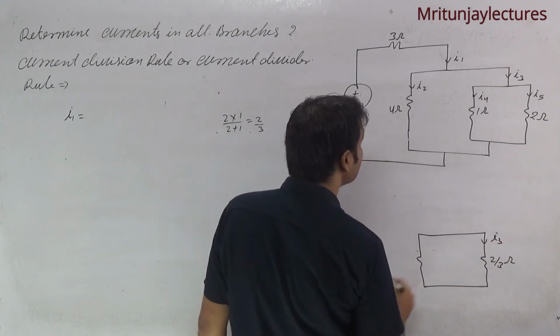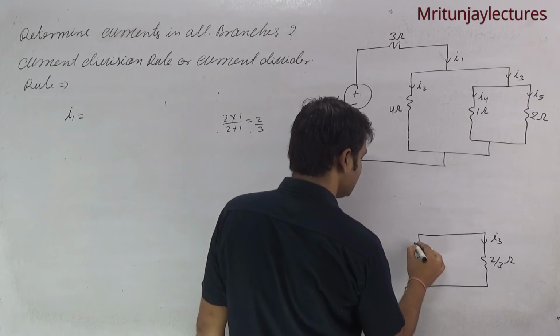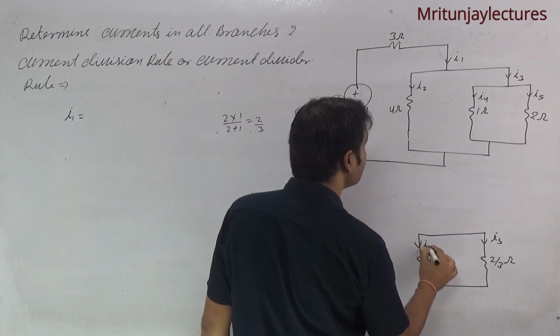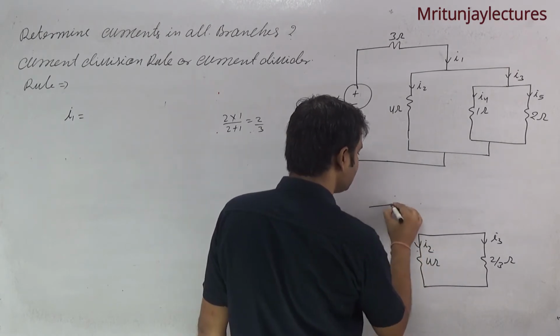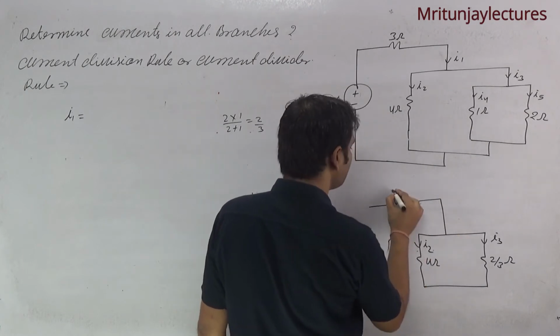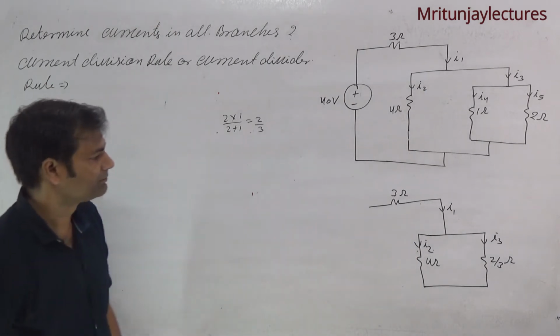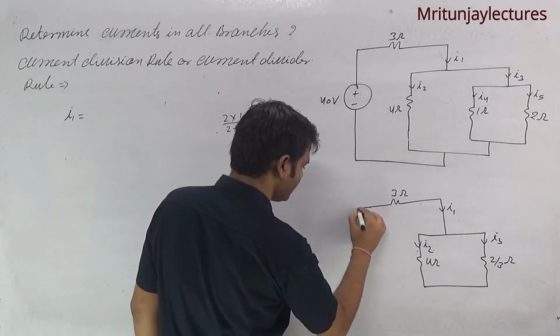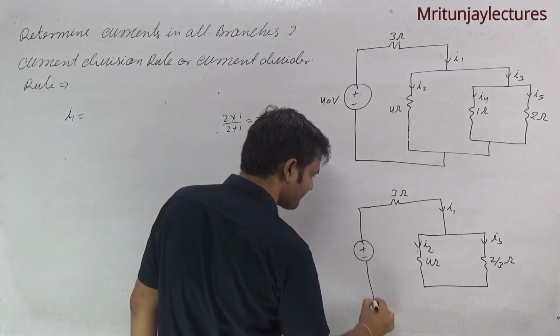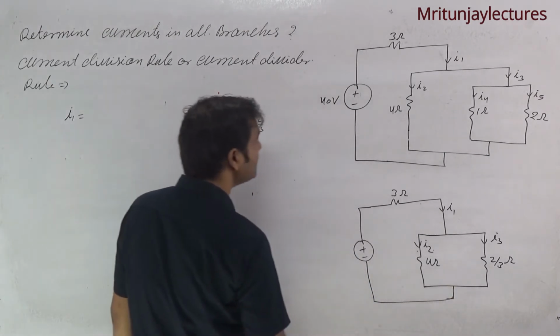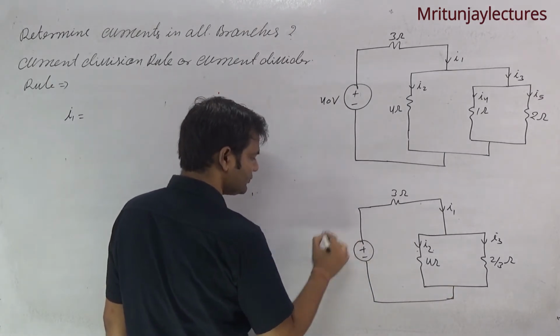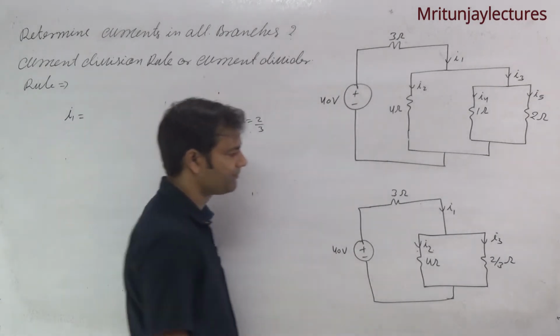Again make 4 ohm, that is I2, and this one represents 3 ohm, that is I1. And that is 40, this one represents 40 volt. Clear?